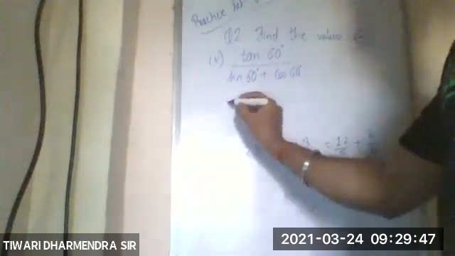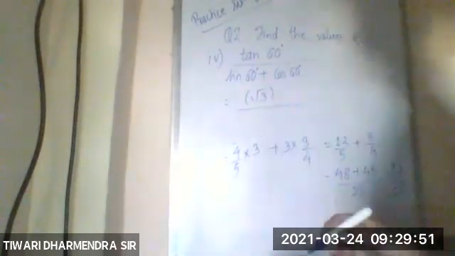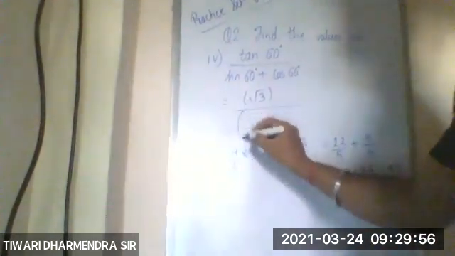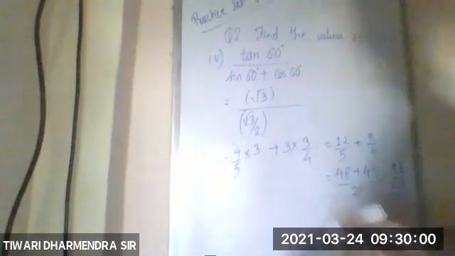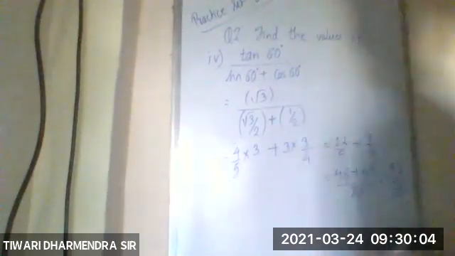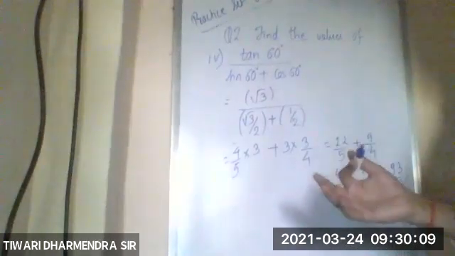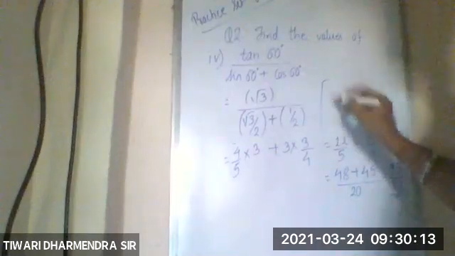We have written the value of tan 60 as what? Root 3 upon the value of sine 60, which is root 3 by 2, plus the value of cos 60, which is half. Write it like that. If you feel uncomfortable writing from the trigonometric table, you can just mention the values here.